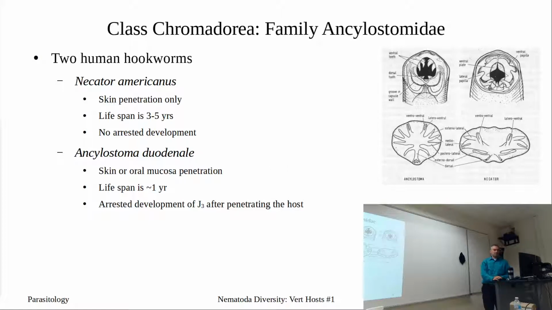Necator has cutting plates. So instead of having teeth, it's got these rounded edges that are like plates. They're kind of like the slicers at the deli counter, right? That's kind of what they use for.